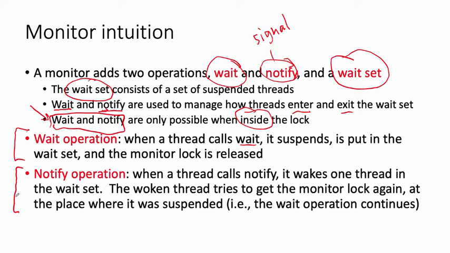Okay? So the woken thread tries to get the monitor lock again at the place where it stopped. So you can call wait anywhere inside the lock, and you wait there, and when you wake up, you continue executing from that point.